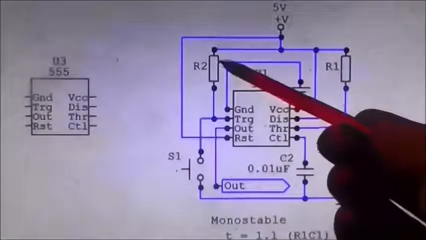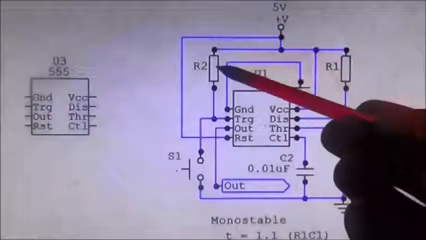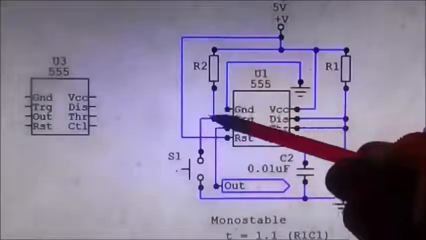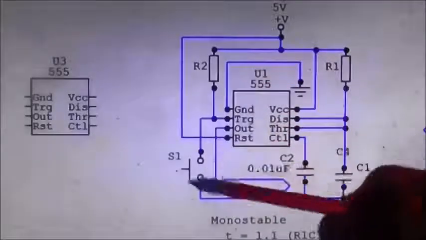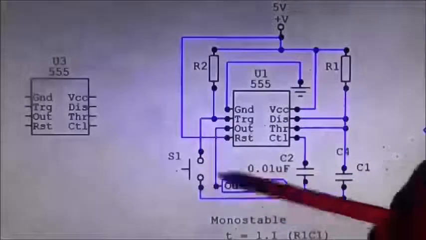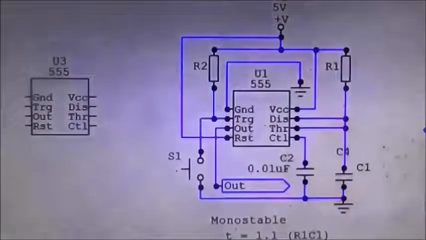R2 is a resistor whose value is not critical, because all it's doing is taking from the 5-volt supply and leading to the switch. So what we're doing is we're making sure the trigger stays high until we close the switch, in which case it will go low and begin the timing on the monostable.